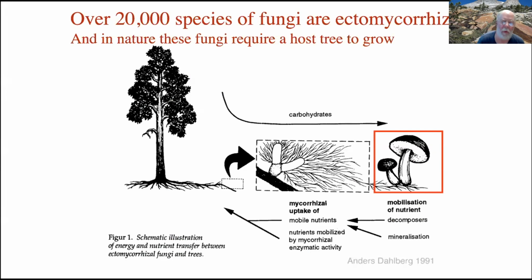Okay, so let's go to the fungal side of this. It turns out that over 20,000 species of fungi are ectomycorrhizal. And in nature, these fungi also require a host tree to grow. That is, you won't find them free living. They need this interaction, just like the plant needed the interaction.